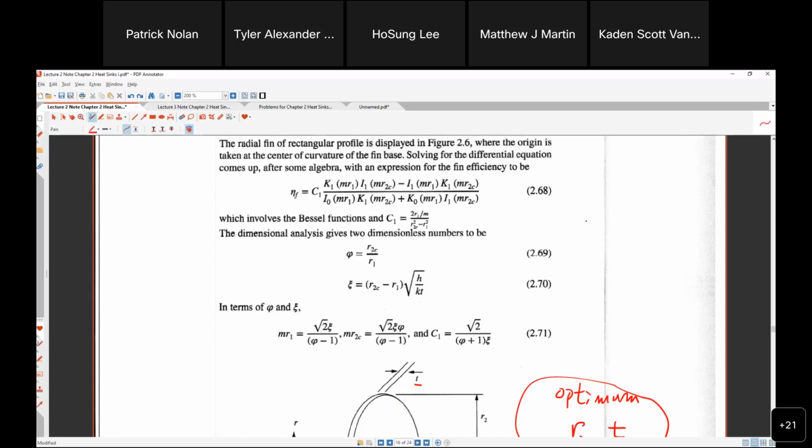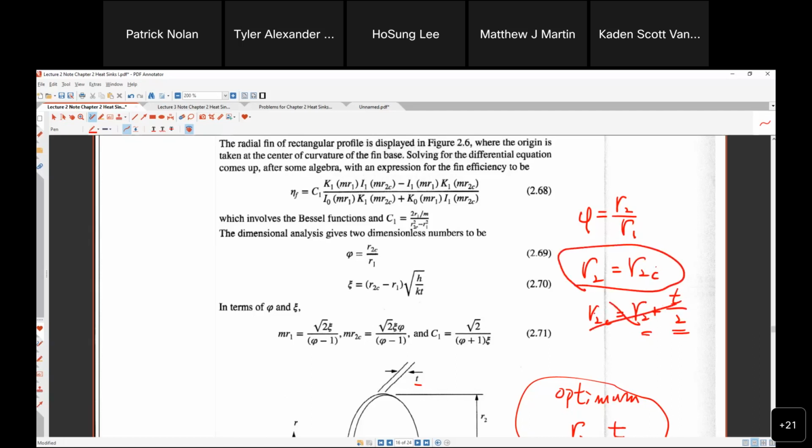So phi is a ratio R2 over R1. I told you R2 is almost the same as R2C. R2C is R2 plus t over 2. I told you the adiabatic tip assumption is okay. You can assume that. Do you understand or not?